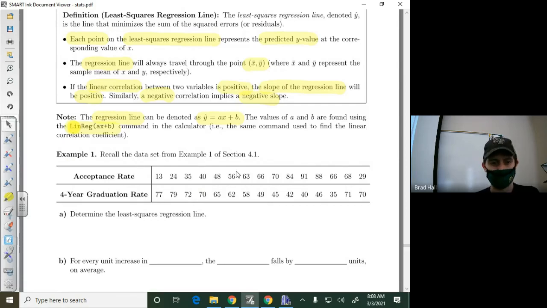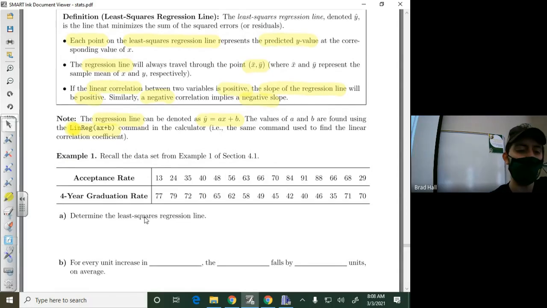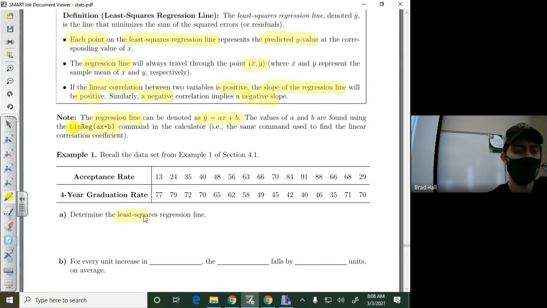And then out of those accepted, how many of those actually graduate in 4 years? The first thing we want to do is determine the least squares regression line. This is going to be pretty much a quick tutorial on how to find this in the calculator. You're going to find that this is the exact same process for finding the correlation coefficient. In fact, it's very much associated.